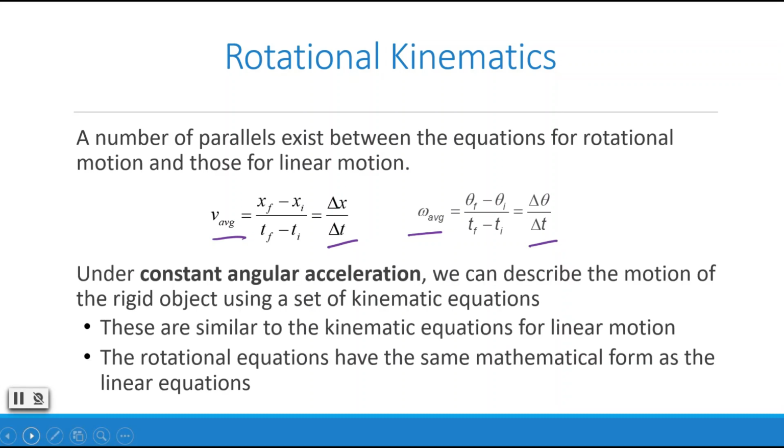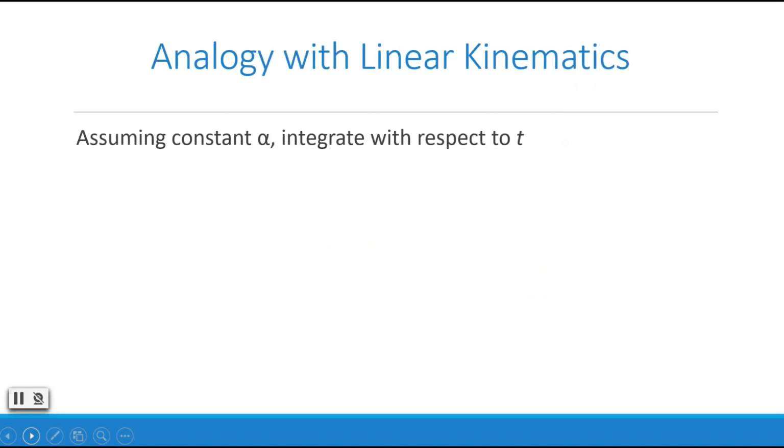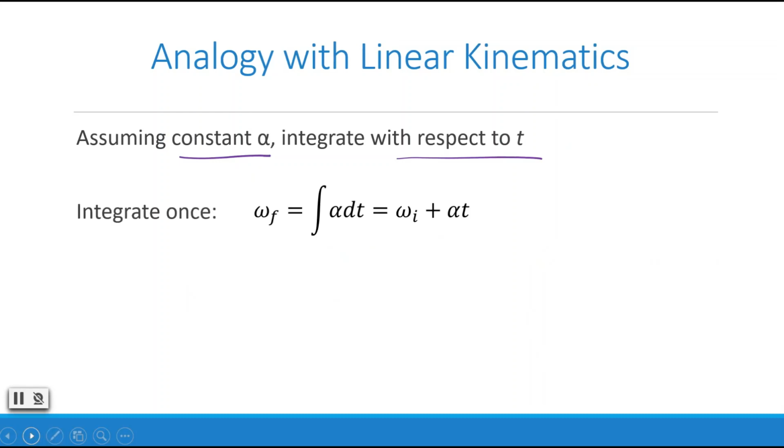If we have constant angular acceleration, then we can describe our kinematic variables using the kinematic equations. Otherwise, we have to use the differential versions. They look exactly the same; you just replace your variables. So if we have our kinematic equations, we'll have constant angular acceleration, and you can derive these with respect to time.